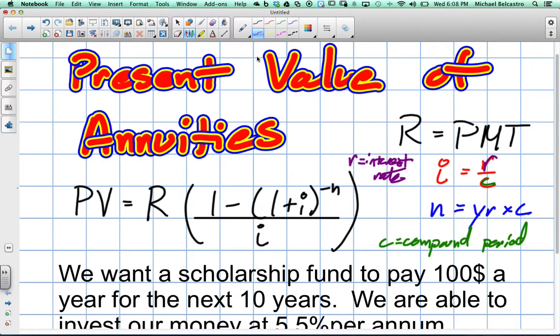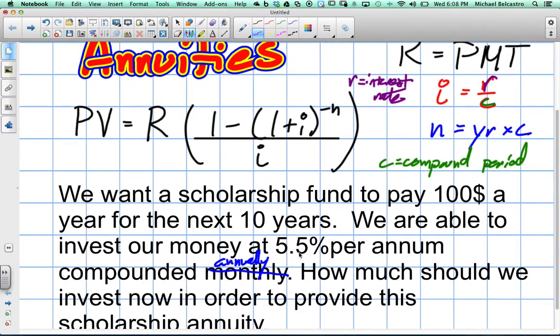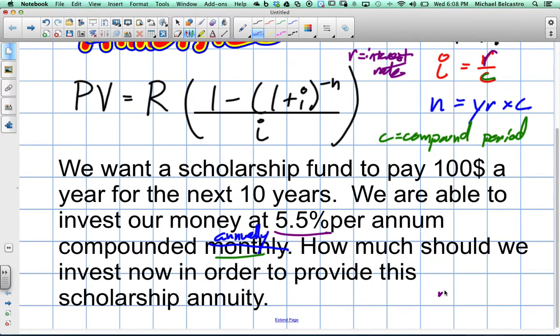So we have to figure out what's important here. We need to find out what our interest rate is, which we have. It's 5.5%. The compound period we just said is annually, so our r is, changing this into a decimal, 0.055. Our C is once a year, so it's just the number 1.